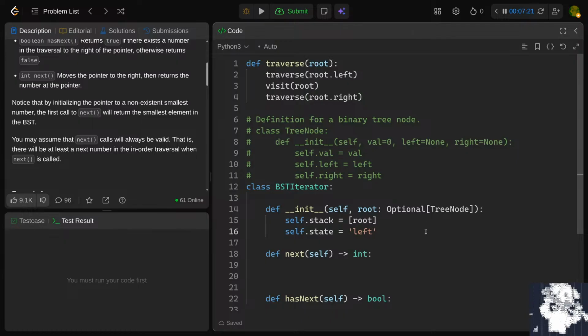So how do you turn this into a non-recursive thing?